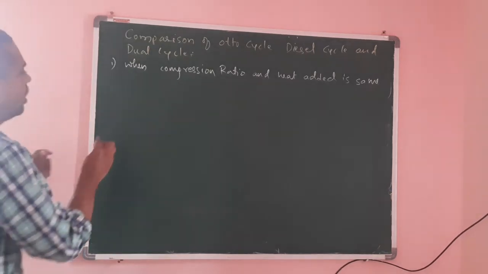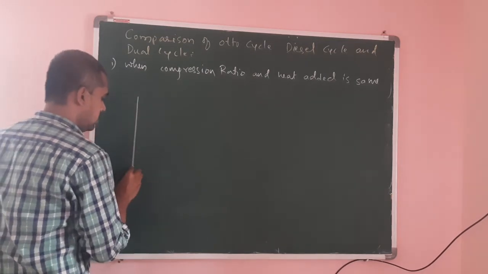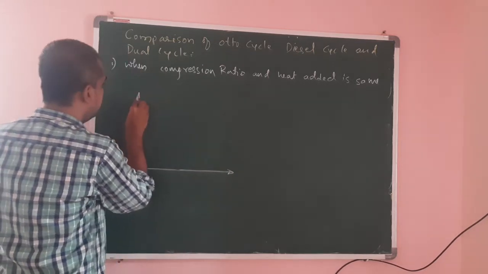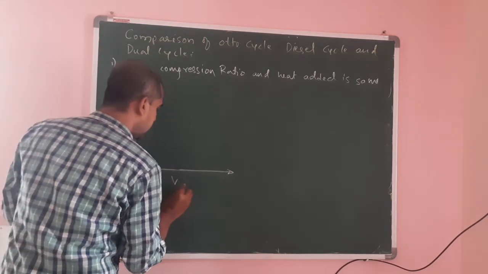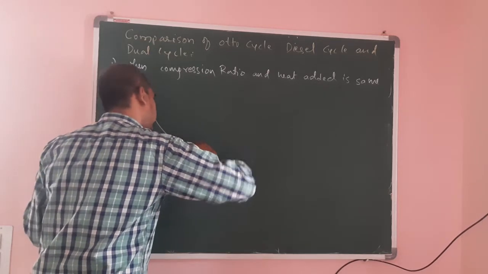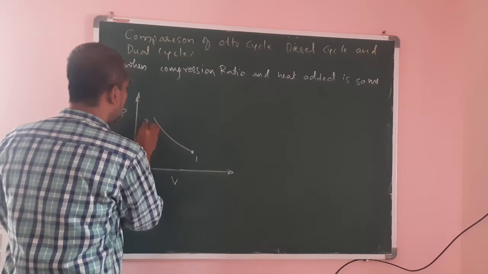Okay, I will draw a PV diagram. This is the pressure volume diagram. Same compression ratio means the compression process, let it be 1 to 2.